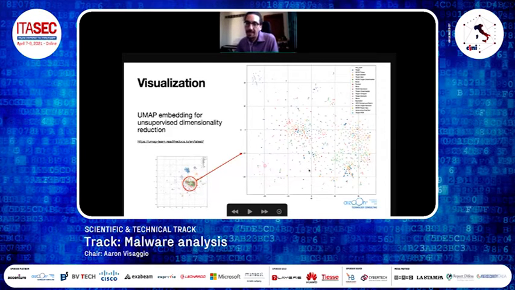We can see that even in this case, the same kind of mixing of the classes is present. We can see a cluster of packed malware. There are a lot of samples that are not even classified as malware, but are classified as benign. So this is a clear indication of the regions in the feature space where further analysis or a more sophisticated algorithm should be used.